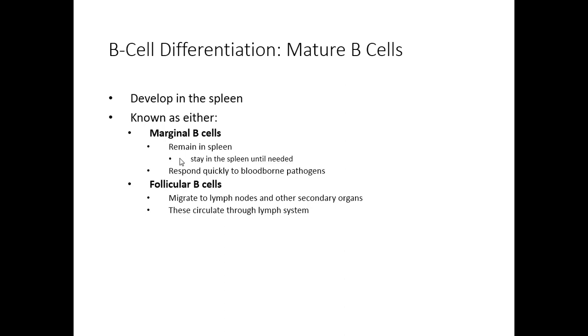We always hear the appendix is not a useful organ any longer, but in the immune system, it's actually a place to house follicular B cells, where they'll also do some surveying for antigens, and they're allowed to circulate through the lymph system rather than through the blood. So that's the purpose of these mature B cells, where they are. They've left the bone marrow and gone out to places where they're going to find an awful lot of antigenic material, right?